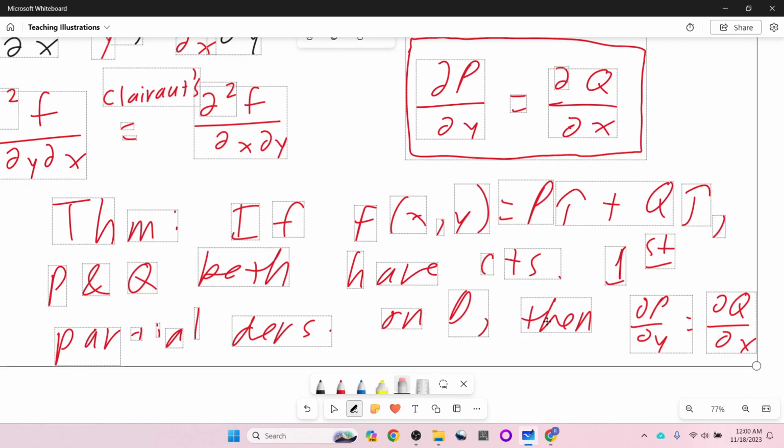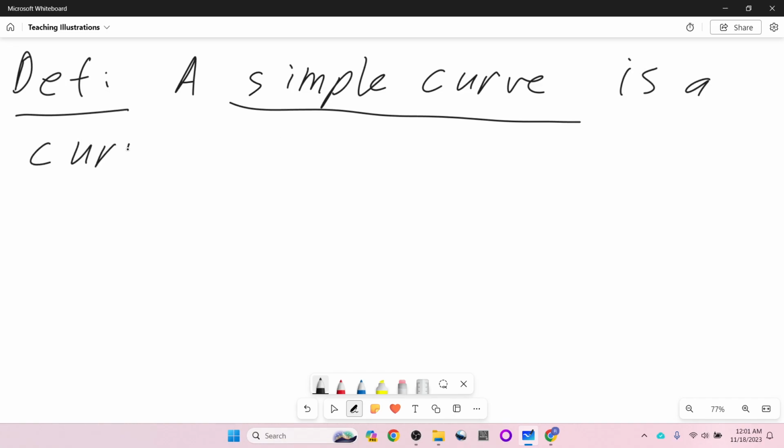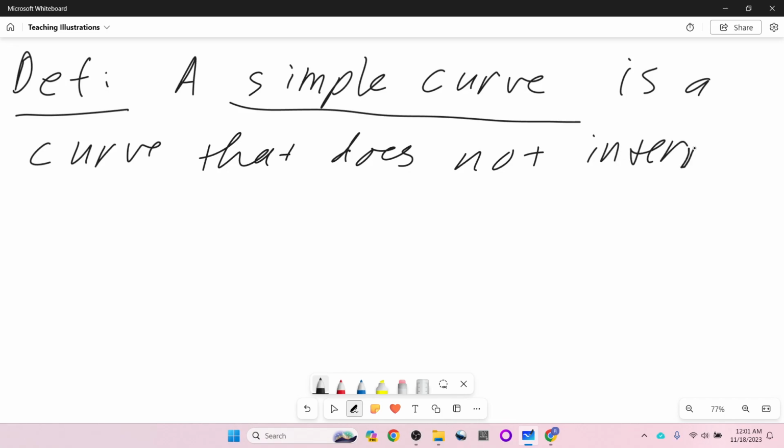Anyway, let's see when can we use the test? Well, there are a couple more conditions. So, definition, let's be quick about this. A simple curve is a curve that does not cross itself, does not intersect itself, except maybe at endpoints.